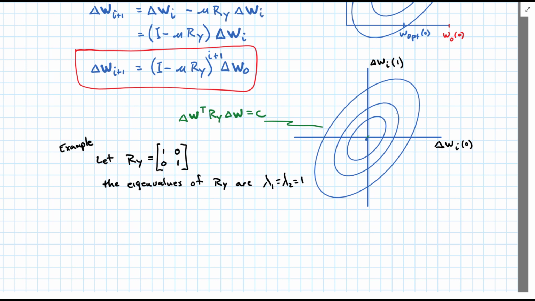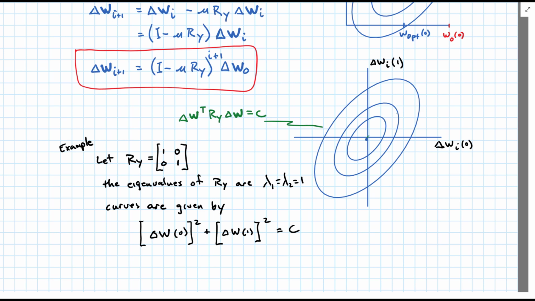So in this particular case, our curves of constant error are just given by delta W0 squared plus delta W1 squared, those being the first and second elements of our vector delta W, equal to a constant.